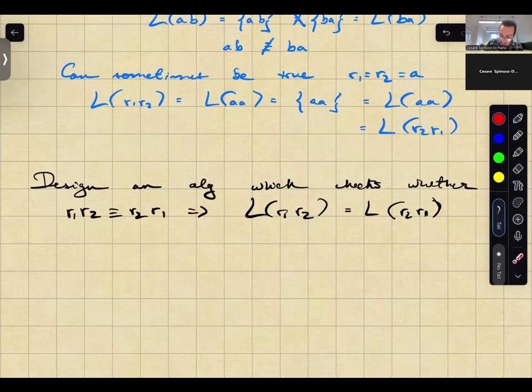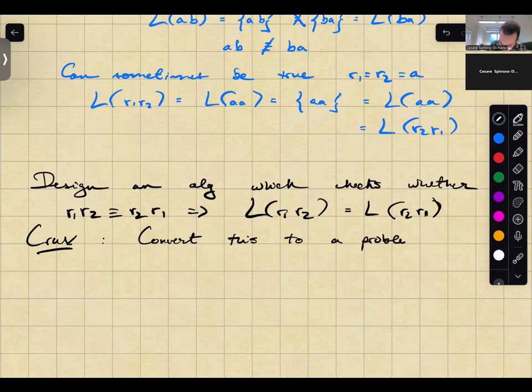So I think that's the path we should go towards. So the crux here is to try to convert this to a problem about FAs. Okay. So, well, how am I going to do this?